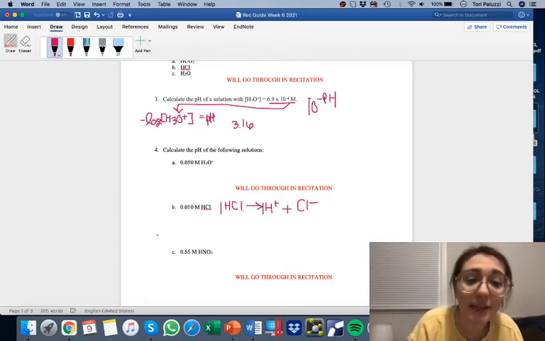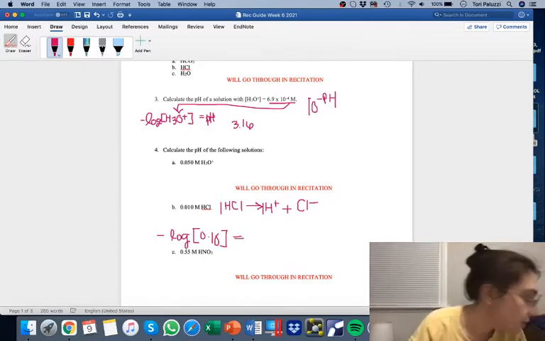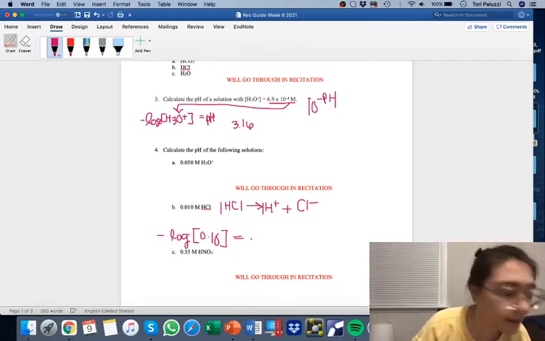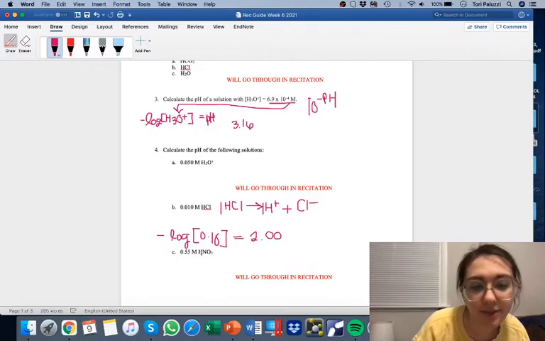So I literally just have to take the negative log of this given concentration, 0.10. And when I take that, it'll give me my pH, which when I look over at my calculator here, I get 2.